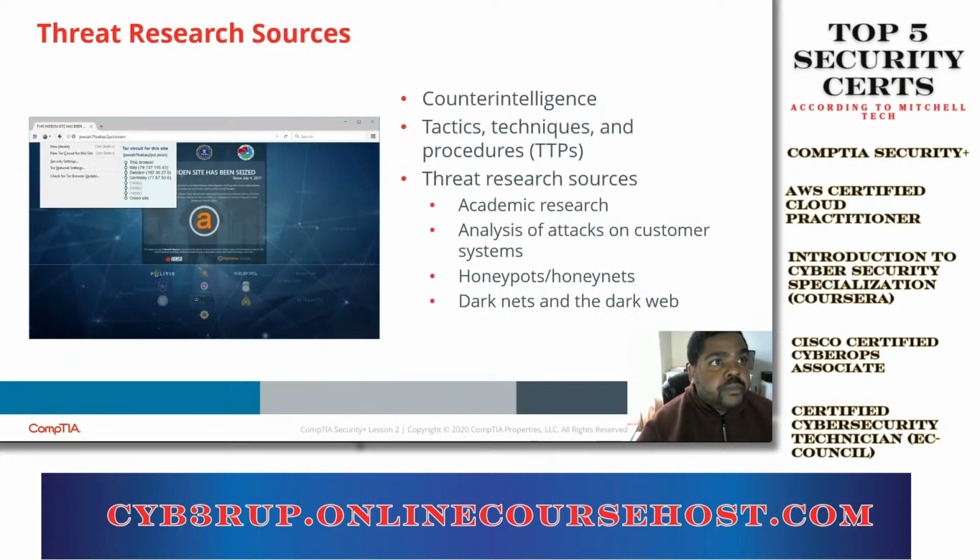So we went over attack vectors. We went over who could possibly be doing the attacking, and now let's find out how we can arm ourselves, right? And I think the best way to arm ourselves is with knowledge and being able to research how they are actually doing attacks in the wild in real time, right?